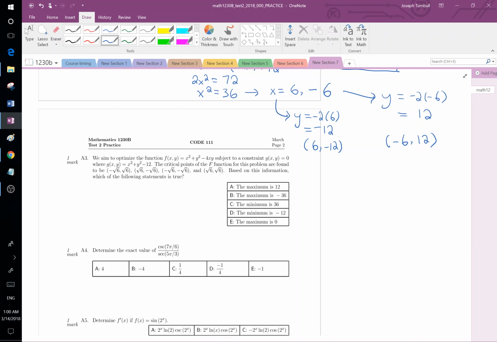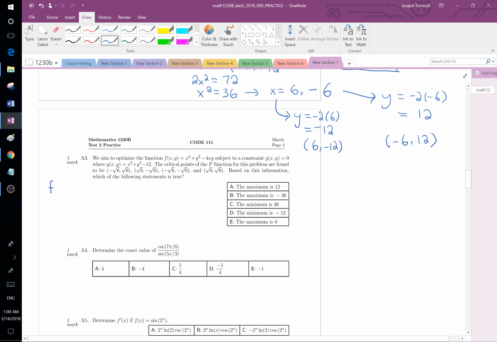Now, this step of the problem is the very final step. You take the derivative, set them to 0. You do all that stuff. You get your critical points. Then, in the constraint optimization problems, you sub the critical points back into the function that you're looking for the max or min of. So in this case, little f.